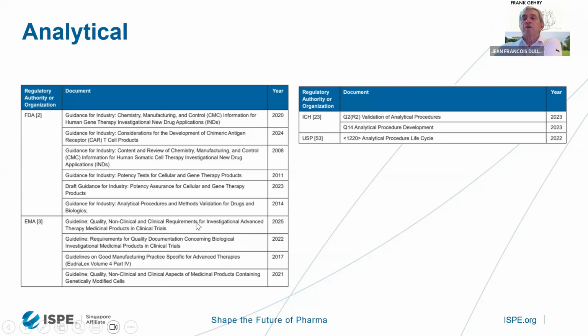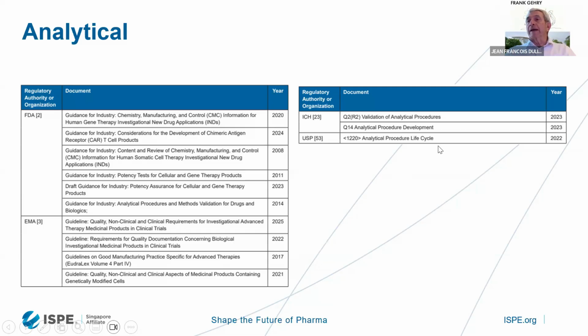They are focusing at the moment more on products which are in clinical trials, and now this is moving forward as well with manufacturing products. And for instance, FDA has released in 2023 potency assurance for cellular and gene therapy products. This list is under development all the time because ICH is developing new guidance or improving existing guidance.